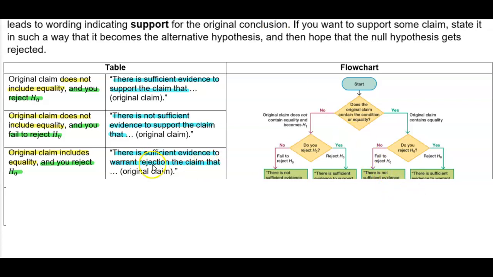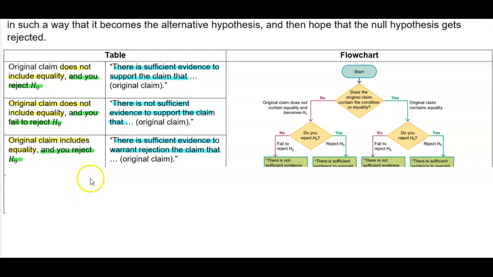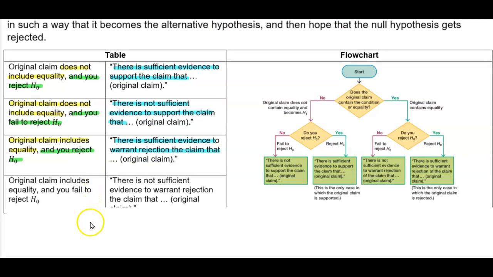So again, now it says warrant rejection when it includes the equality and you reject the null hypothesis. Okay, and then the last scenario here is the following. If the original claim includes the equality or the equal sign and you fail to reject the null, then we would say that there is not sufficient evidence to warrant rejection of the claim that, and then your original claim.